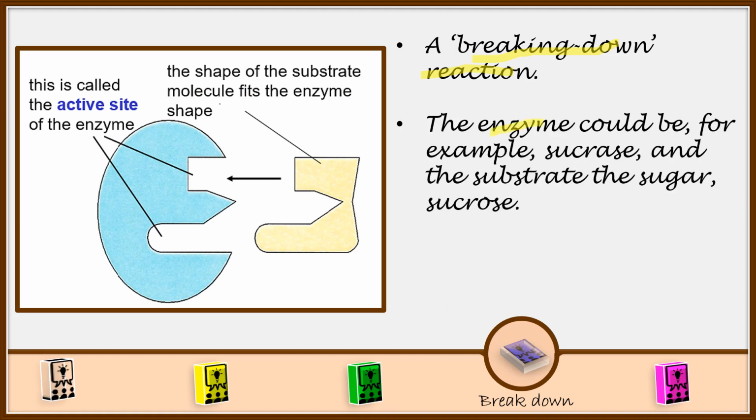The enzyme could be, for example, sucrase, and the substrate is the sugar sucrose. So we are assuming that this enzyme here is sucrase, and it is going to work on our substrate here, which is sucrose. It is going to be acted on by the enzyme sucrase.